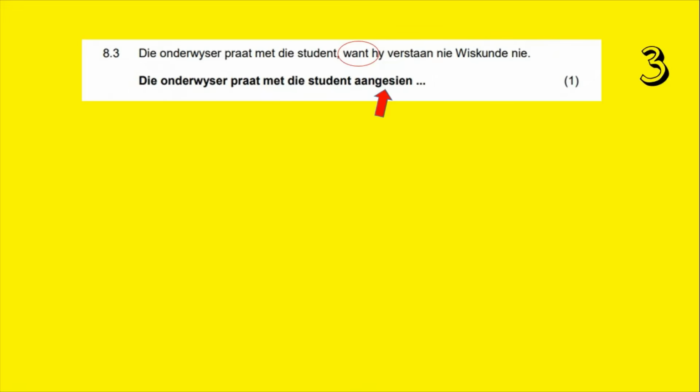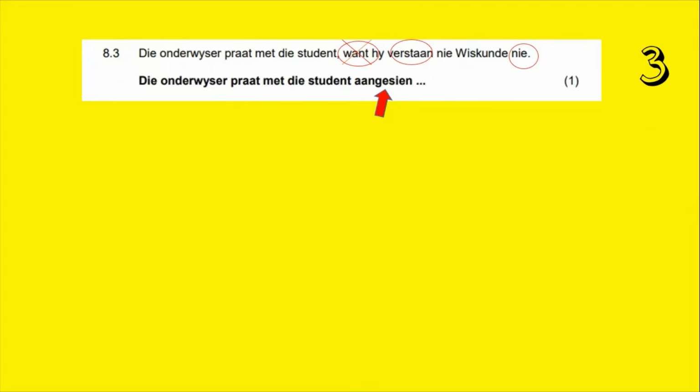The first thing we're going to do, poor want, we're going to take it away. And then we're just going to follow the group 3 rules. What is that again? Our verb, in this case verstaan, will go to the end of the sentence. Easy peasy. However, remember I said this is especially for the higher grades. They are testing something else in the sentence. There we have a nie. Want hy verstaan nie wiskunde nie.